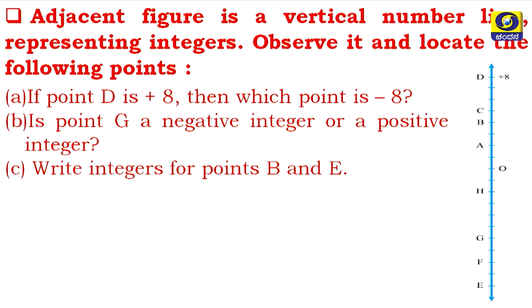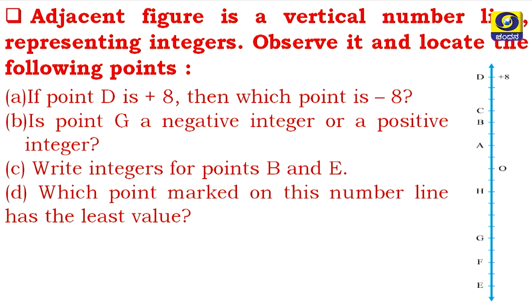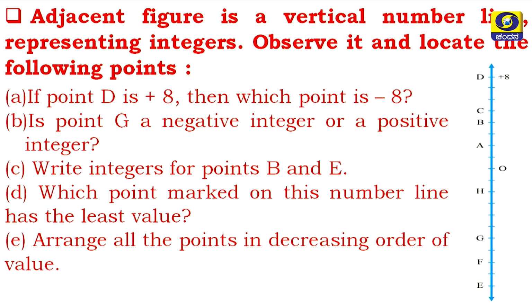Write integers for points B and E. Which point marked on this number line has the least value? Arrange all the points in descending order of value.